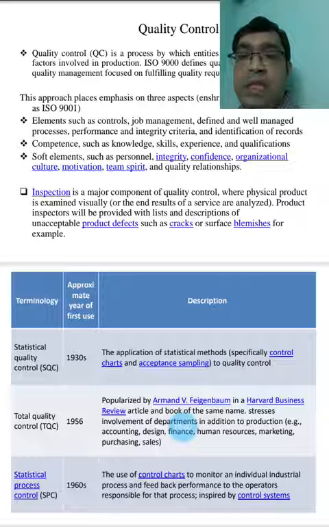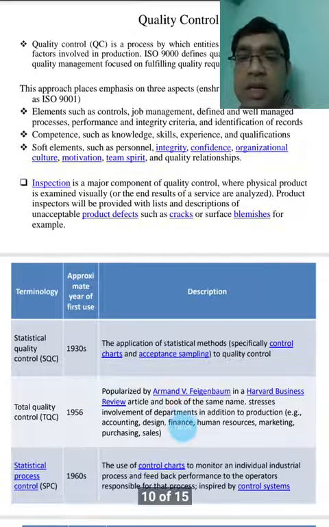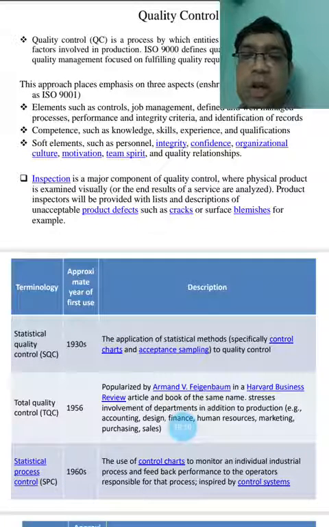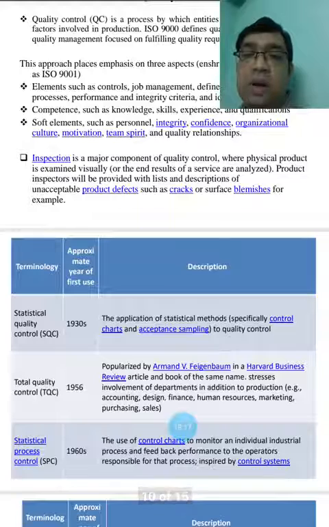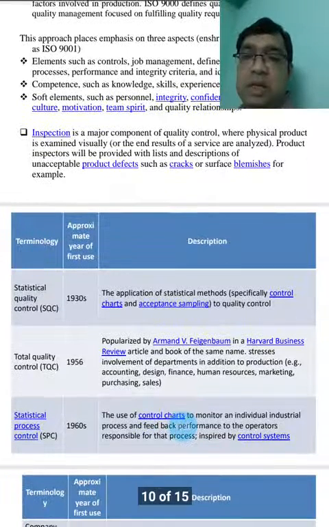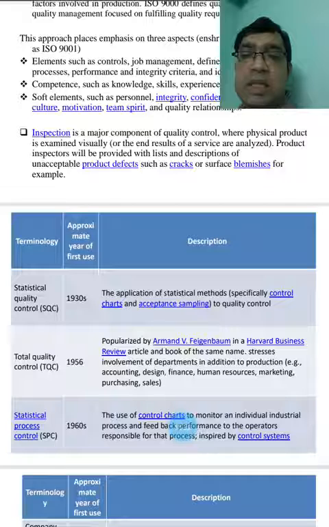Competence, such as knowledge, skill, experience and qualifications. Soft skill elements such as personnel integrity, confidence, organizational culture, motivation, team spirit and quality relationships. And inspection is a major component of quality control, where a physical product is examined visually or the end result of a service is analyzed.